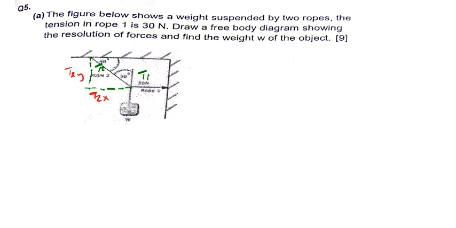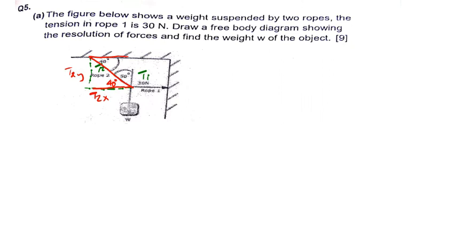Using SOHCAHTOA, I can see that this is Z, is forming Z. The angle which is here is the same as the angle which is there, so meaning that here we have 40. Another way on how you can find that is just by doing this. You know that this is going to give you 90, so you have been given 50 here. 90 minus 50 is 40. That's another way of finding that the angle here is 40 degrees.